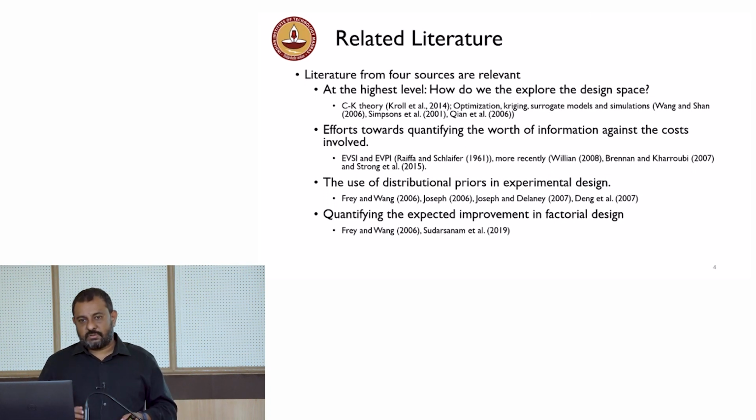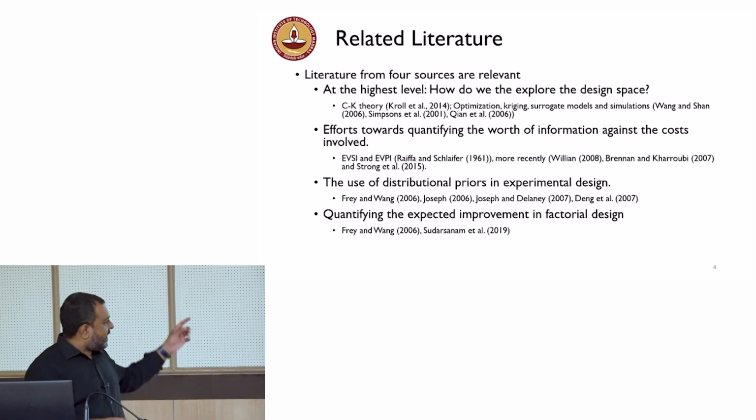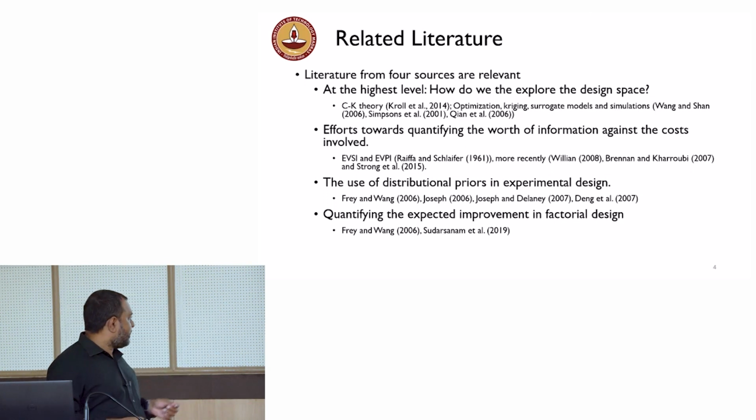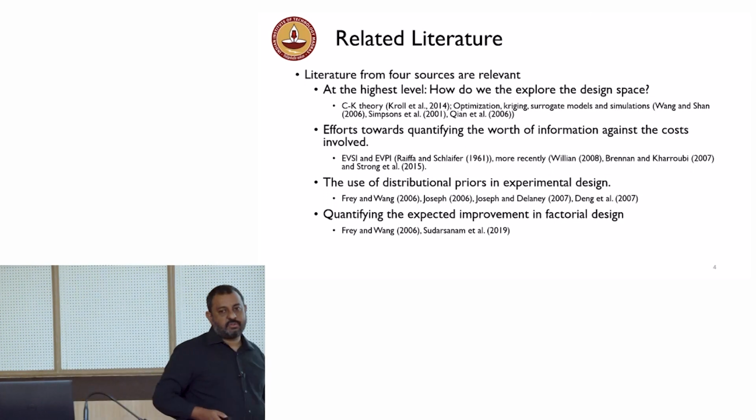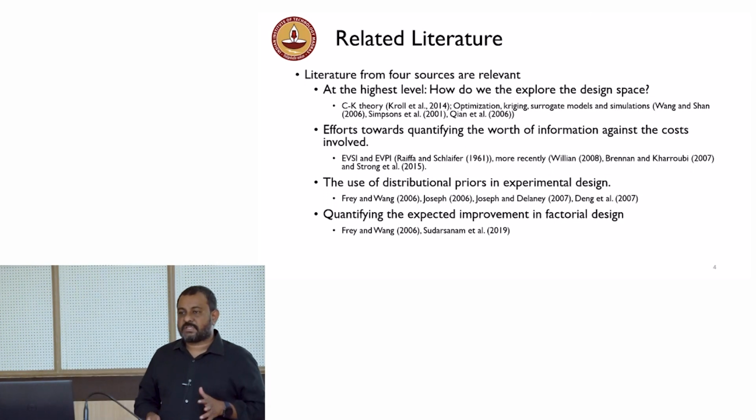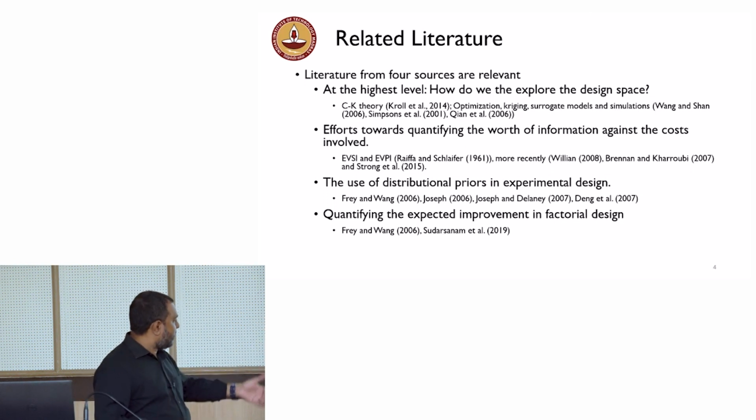With more knowledge, you are able to adjust your input variables in a better way, and therefore you expect to see a benefit in the expected value of y than by setting the design or decision variables randomly, right? So the delta in y is what we're looking at, okay? And doing this using a Bayesian framework, which is having distributional priors for the factor fx, is something that my group and others have been working on for a while.